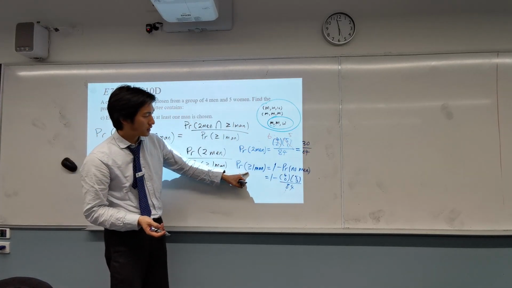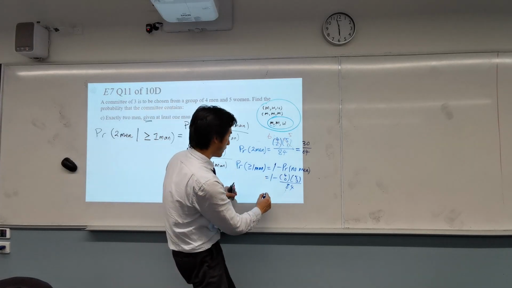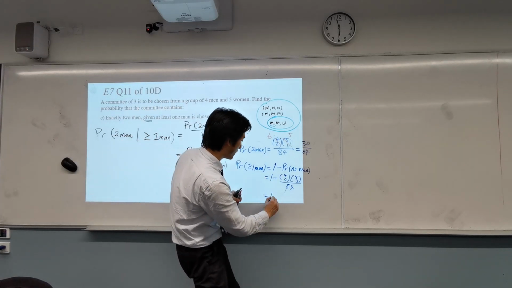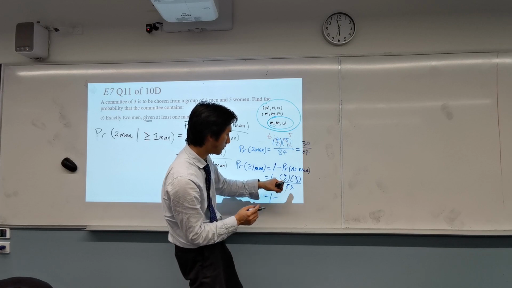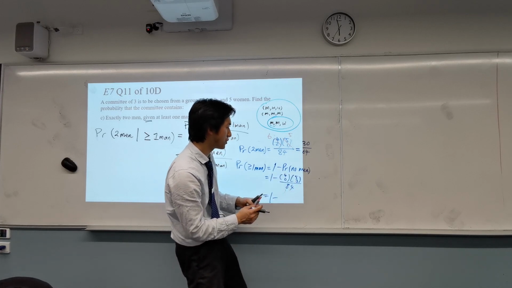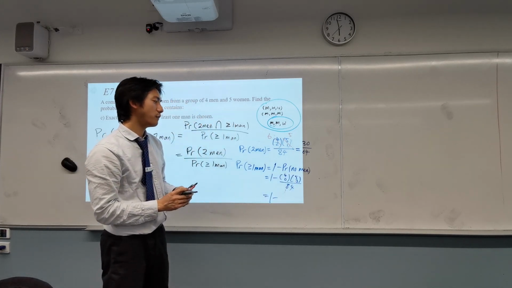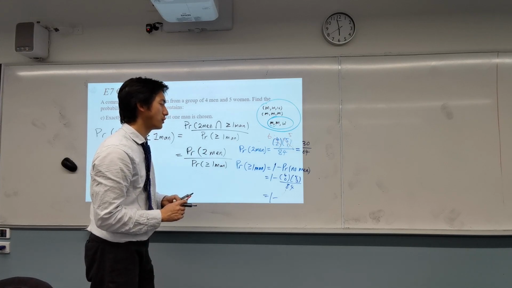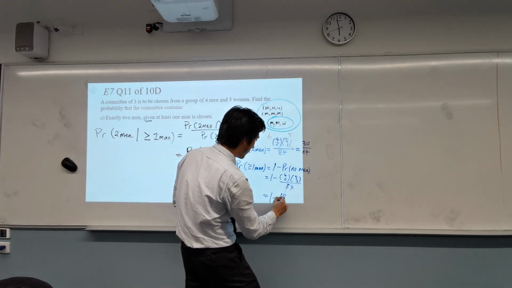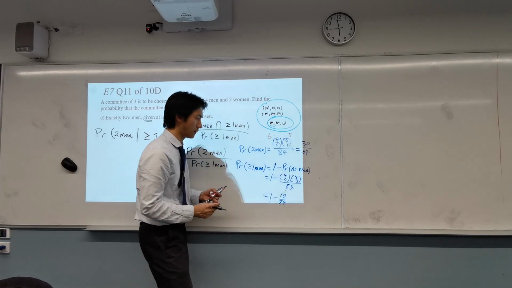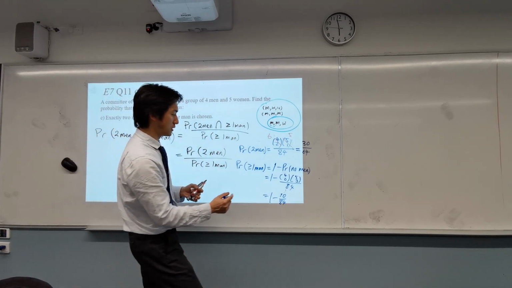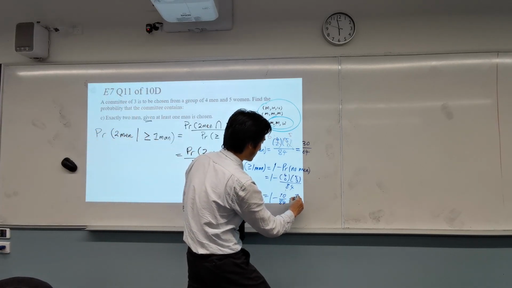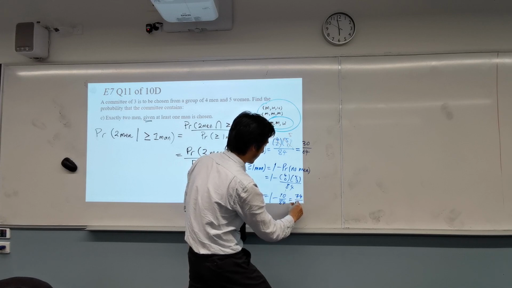In the other part, we need to work this out. That turns out to be 1 take away 4 choose 0 is 1, 5 choose 3 is 5 times 4 divided by 2, that's 10. 1 take away 10 out of 84. And the answer to this is going to be 74 over 84.